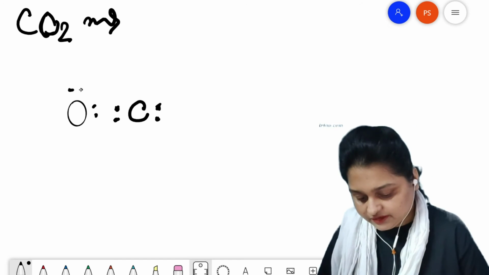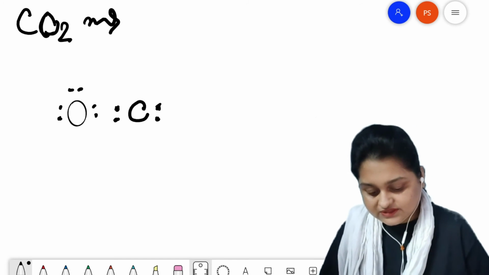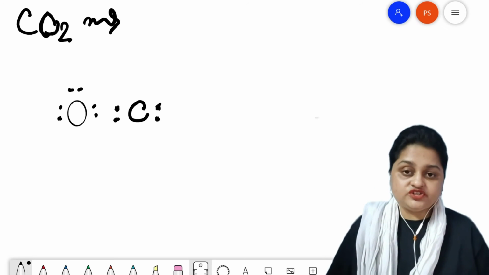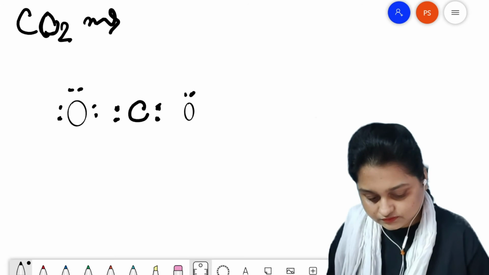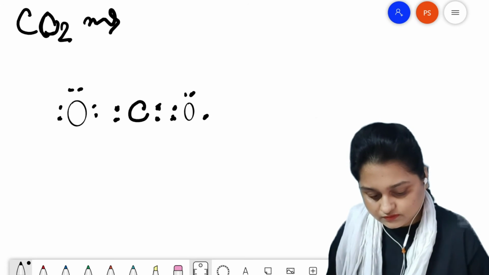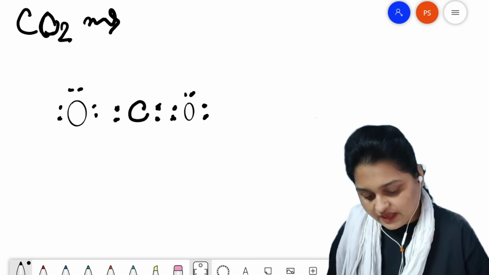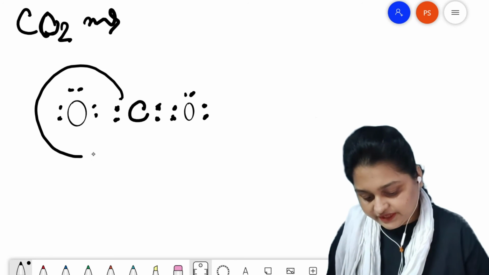Oxygen, on the other hand, contains 6 valence electrons. It is sharing 2 electrons each, and thus completes its octet.